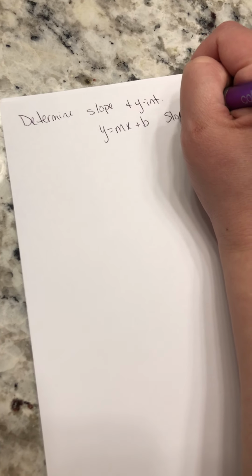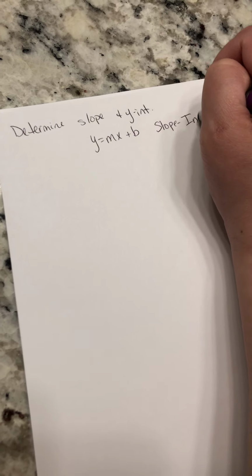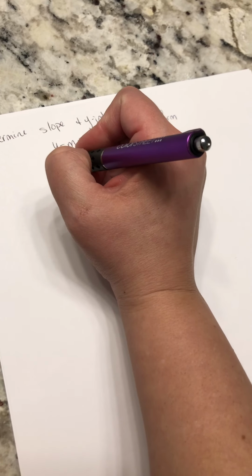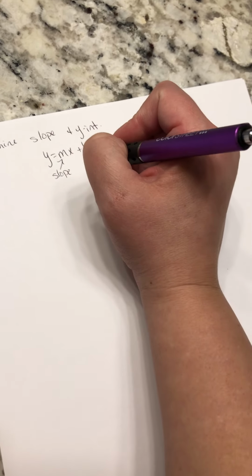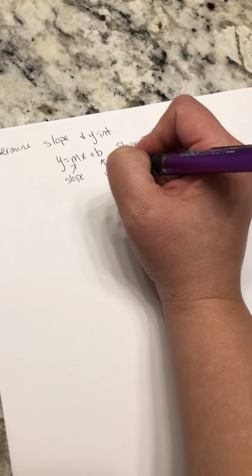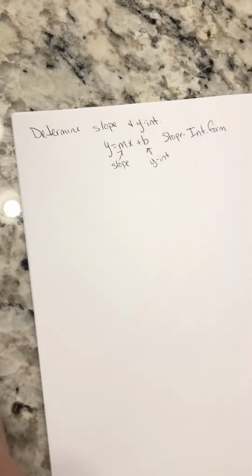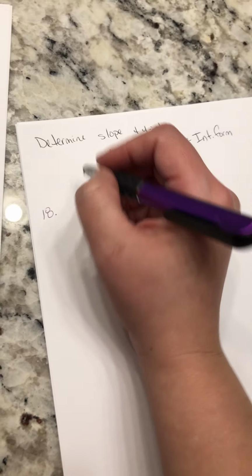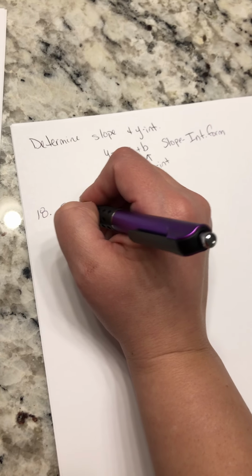In slope-intercept form, m is always the slope and b is always the y-intercept. So anytime you're asked to determine the slope and y-intercept and you're given an equation, you want to write it in that form, and you'll have both of those.